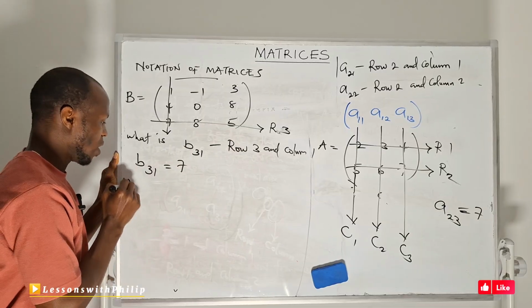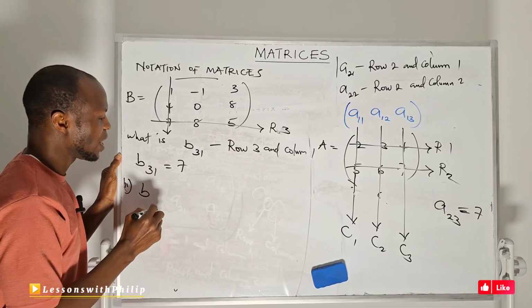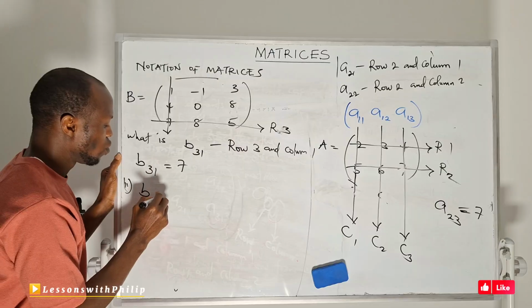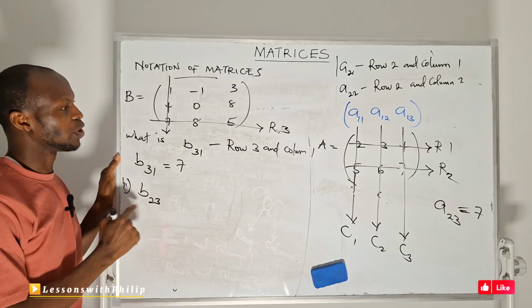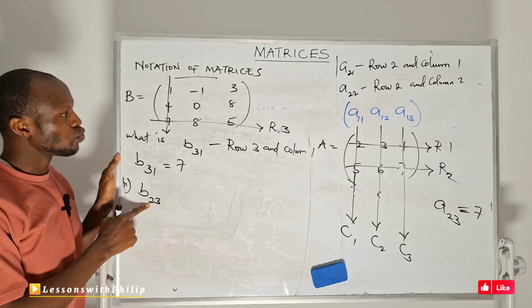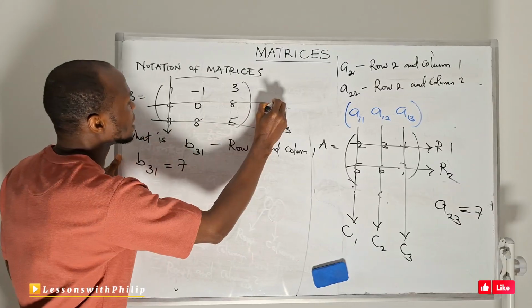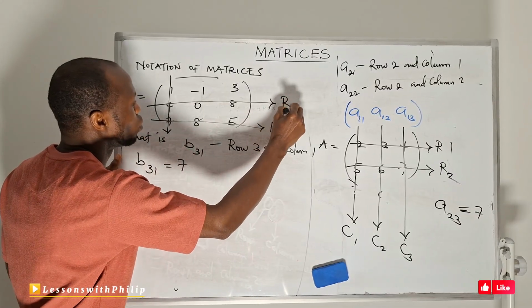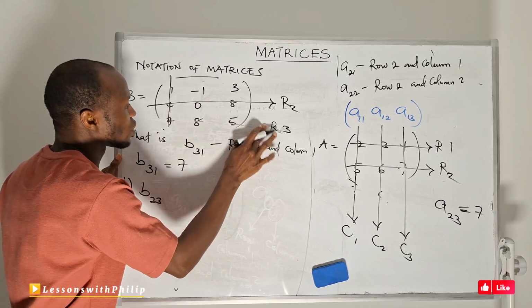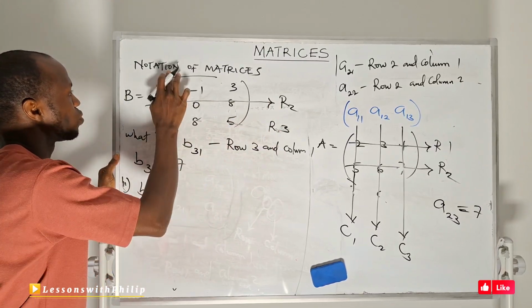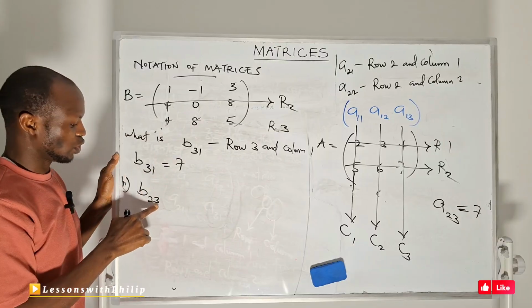Okay? If you ask, what is your B23, for example? You go to row 2. What is your row 2? Your row 2 is this. Okay, can I clean this number? What is your row 2? This is your row 2. Okay, what is your column 3?